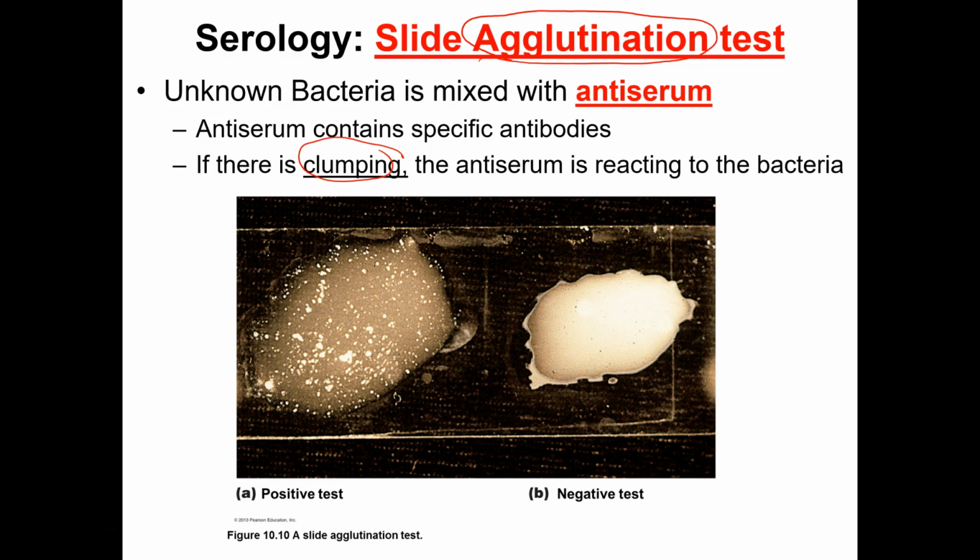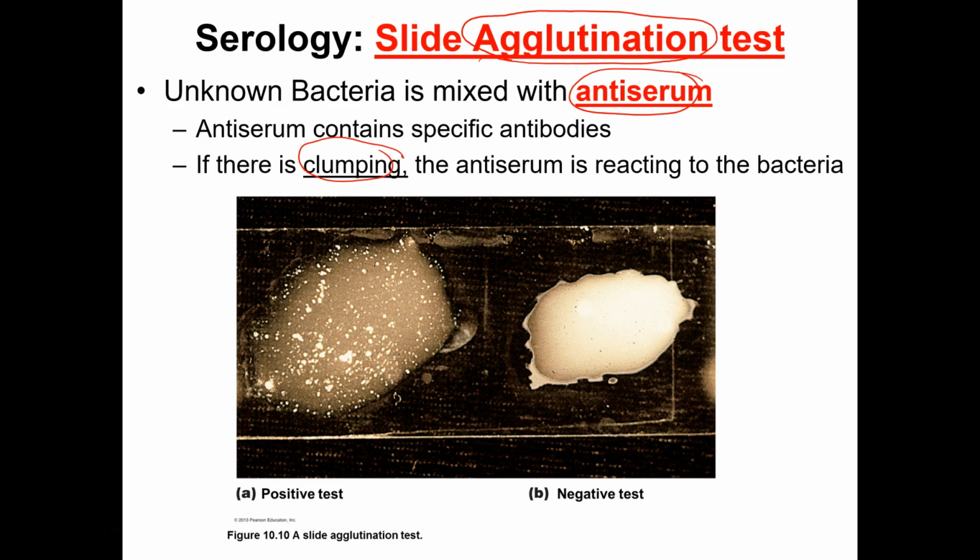Okay, so the way this works is you swab the back of somebody's throat. You swab their tonsils because you want to see if you can swab up any of those strep cells. And then you apply that swab to a slide that contains antiserum. Okay, so antiserum is what that liquid is on that glass slide in the image.